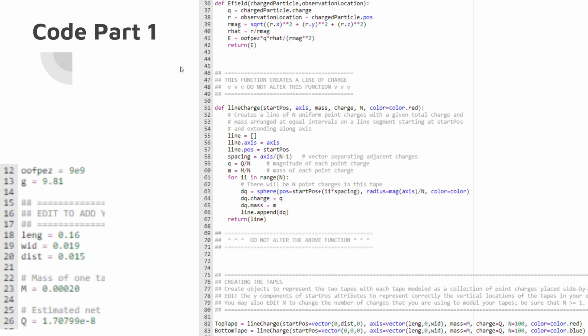Here in the code, I used the function to determine the electric field of the charged particles, and here in this function I was able to calculate the line charge for summing up the charges of the line.